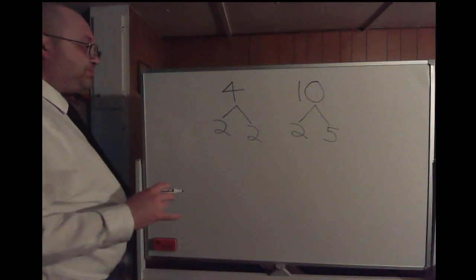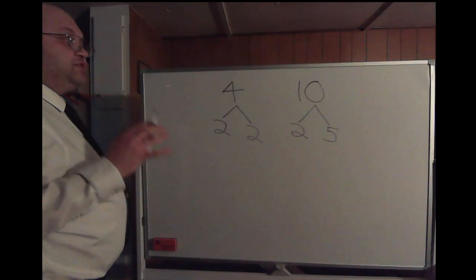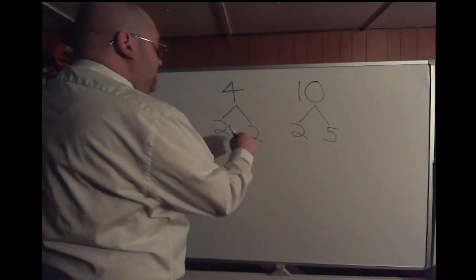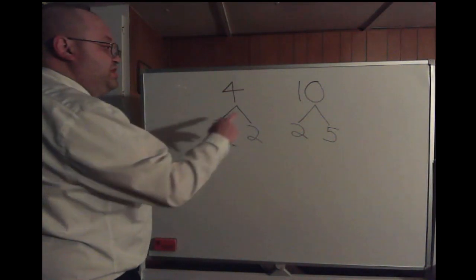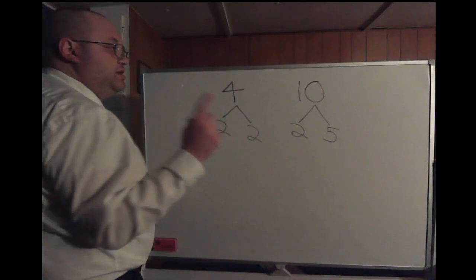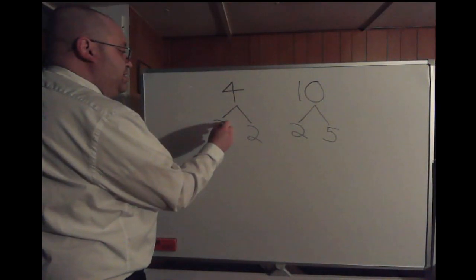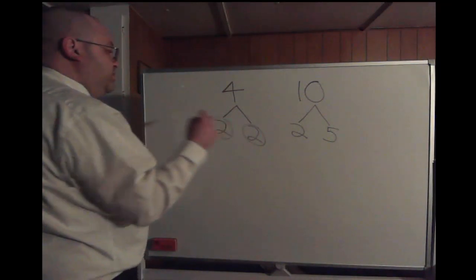Now, once you have found your prime factorization, you see 4 has two 2's, 10 has one 2. If both numbers have the same factors, you want to circle whichever number has more of that number. So 4 has more 2's than 10, right?